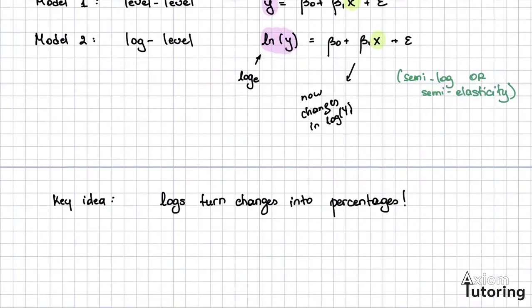The important approximation is that changes in ln y are approximately changes in y divided by y. So a small change in log y is approximately the percentage change in y. And this is that bridge, that key idea that you need when you step into the interpretation of the coefficients for the second model.